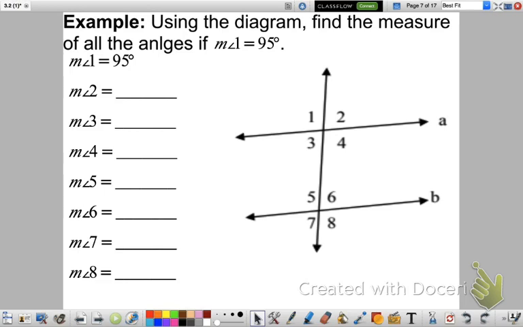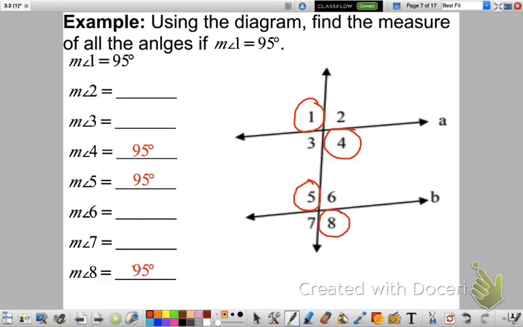So we're told that the measure of angle 1 is 95 degrees. From that, I hope you would be able to gather that angle 4, 5, and 8 will also be 95 degrees.